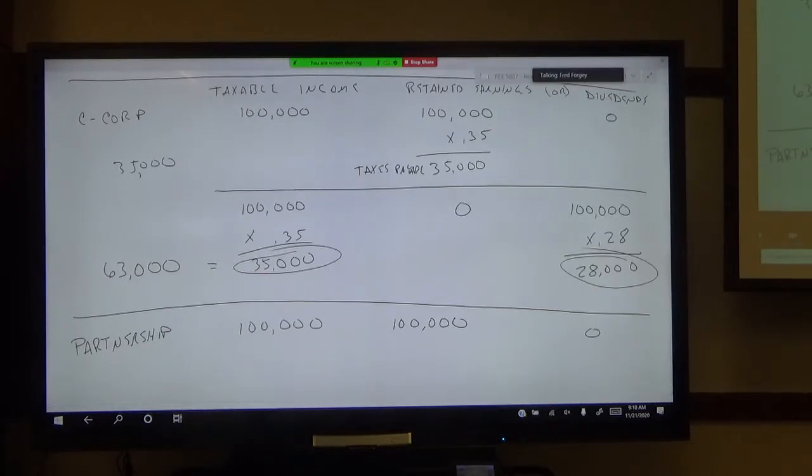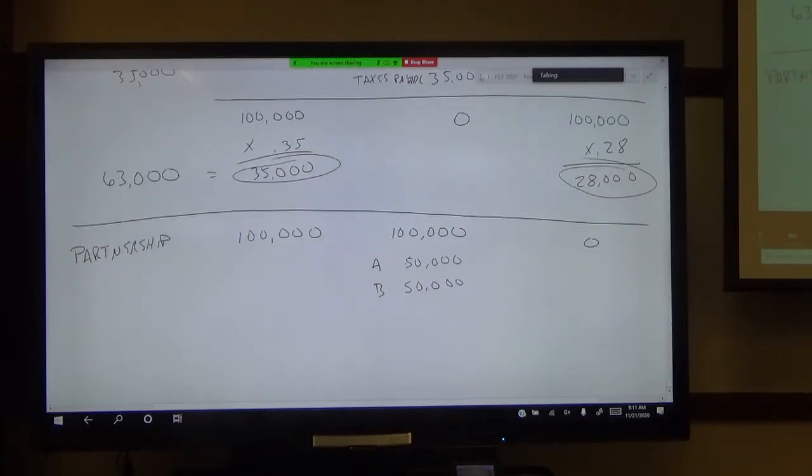They still get taxed at the individual level, okay? So even though they may keep $100,000 in retained earnings, you may have partner A getting 50% or $50,000, partner B getting $50,000, but if partner A is in a 28% tax bracket and partner B is maybe in a 38% tax bracket, each of them are going to be paying 2 different amounts on the same income simply because of their individual marginal tax rate.